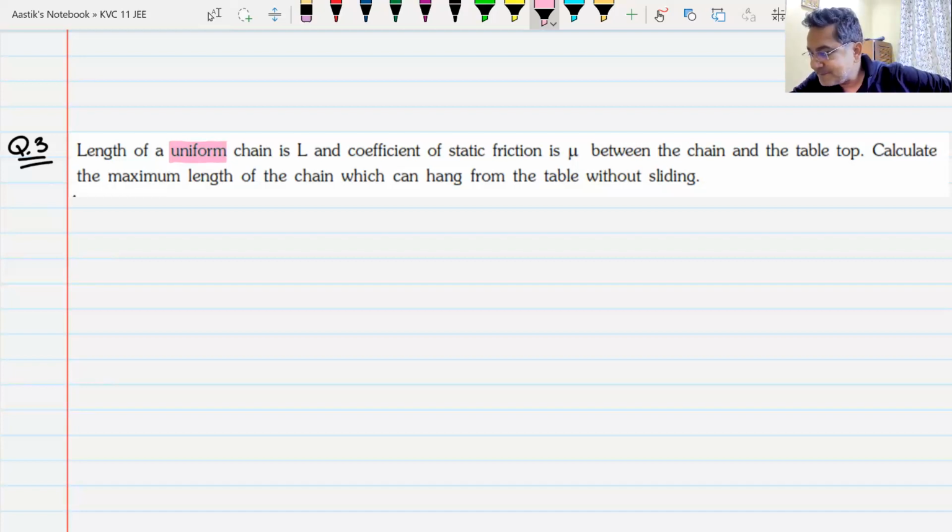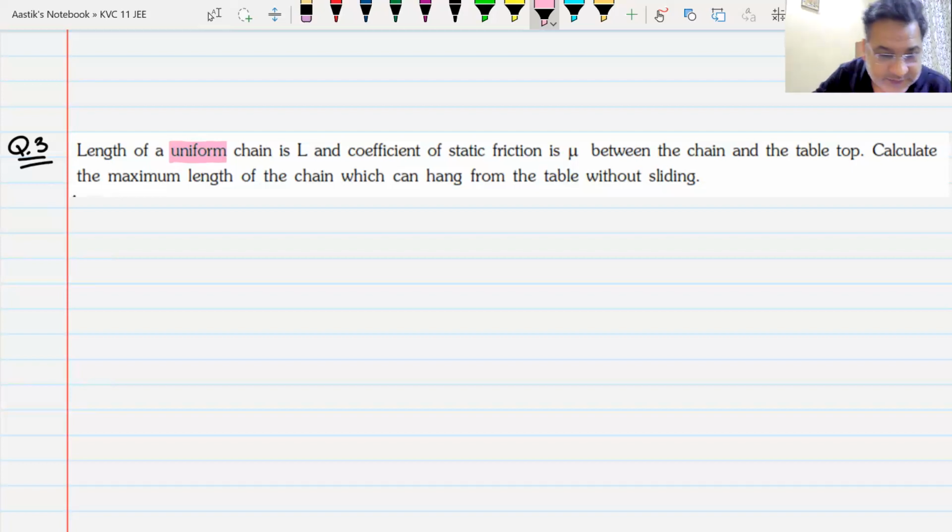What have we drawn? No one. No one has drawn the free body diagram.